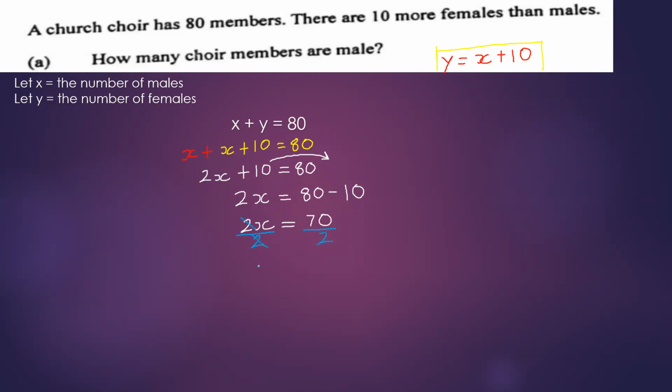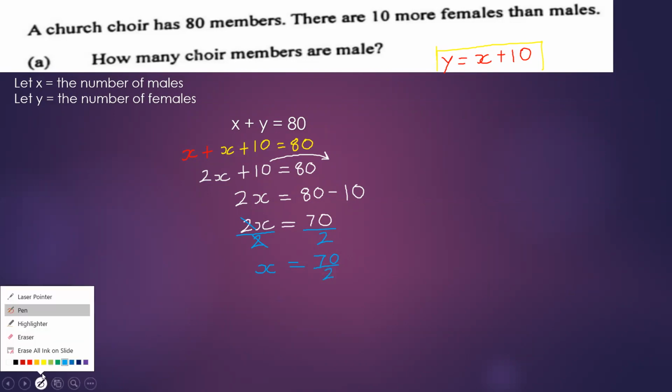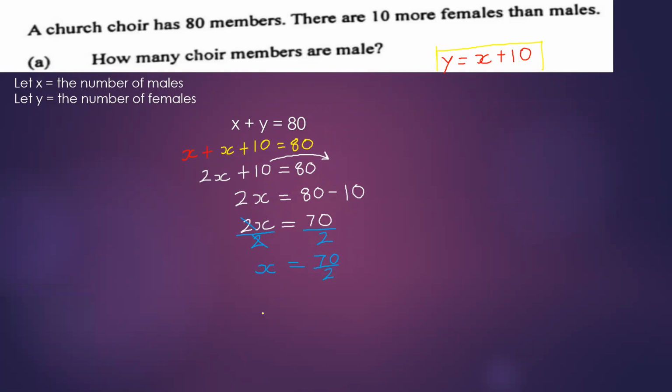So x is going to be equal to 70 divided by 2. What is 70 divided by 2? 35.